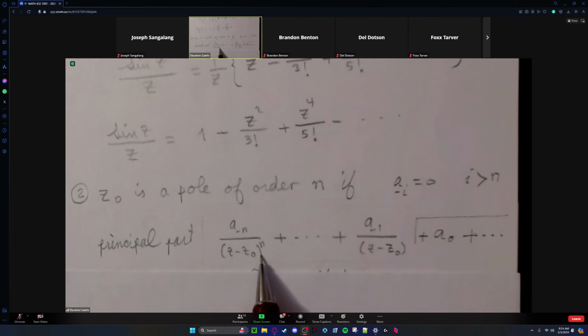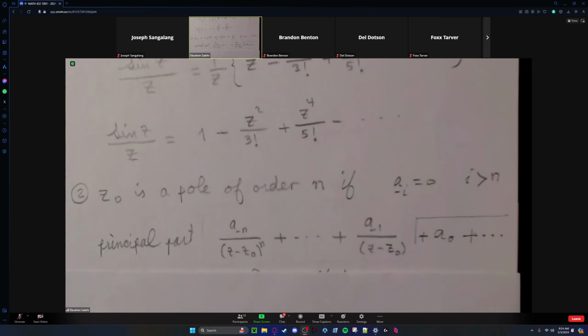So the largest exponent of the denominator is n. If this is the case, we call z naught a pole of order n.